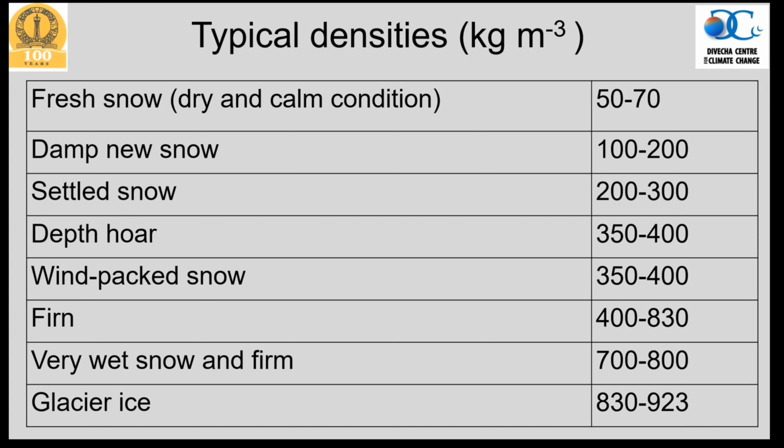So that is how density keeps on changing as snow goes through the various processes as it has fallen onto the land. The moment it has fallen onto the land, it gets converted into snowpacks, and the snowpacks go through different changes, and as they go through the different changes, the density changes, and it can go from 50 to 70 to 830 to 920 kilograms per meter cube, depending upon the condition.